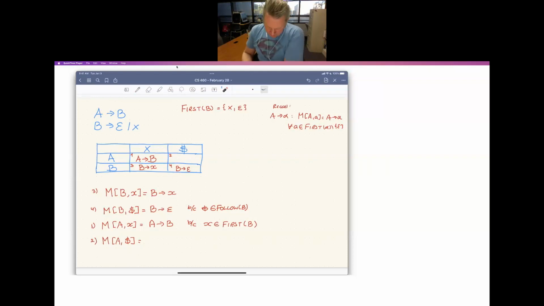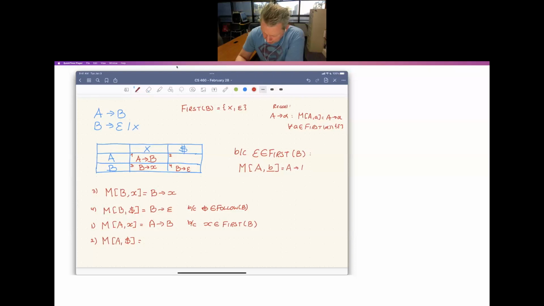Now, if we look at this guy here, we said, right, we threw away that epsilon guy there, but now we have got to be a little careful here, right? Because epsilon is in the first of b, we have to say that m of a comma little b is a goes to, and now you have to be careful not to be tempted to say a goes to epsilon, although it would parse correctly.